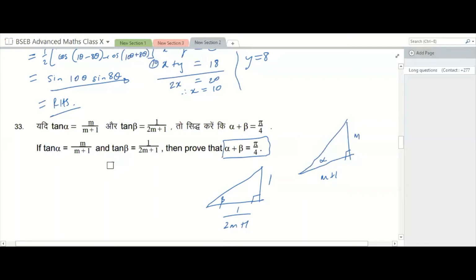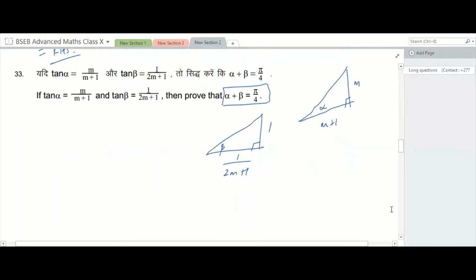Right, so in order to prove alpha plus beta is equal to pi by 4, which is 45 degrees, we can use the expansion for tan of alpha plus beta, which is tan alpha plus tan beta over 1 minus tan alpha tan beta.